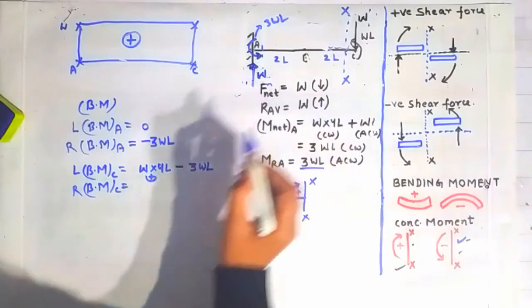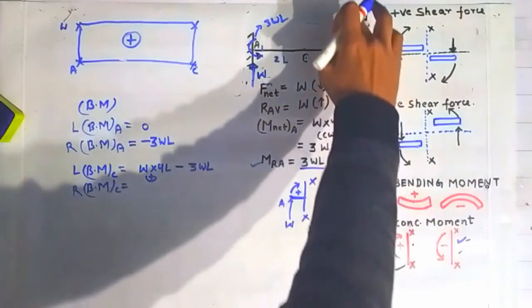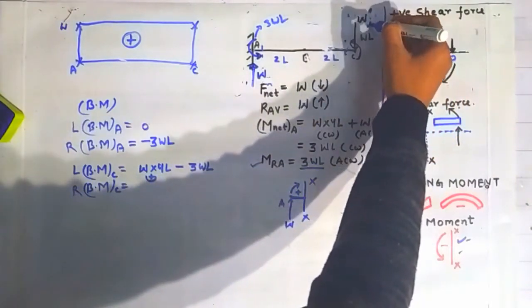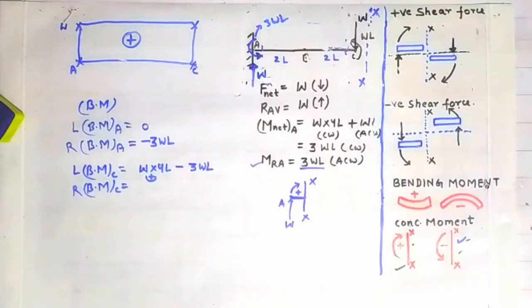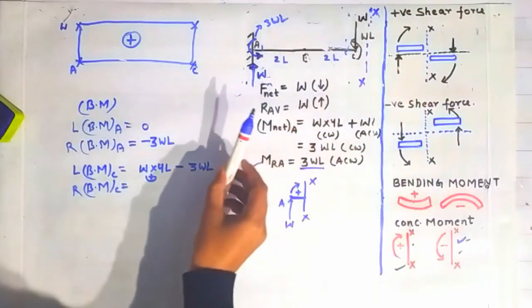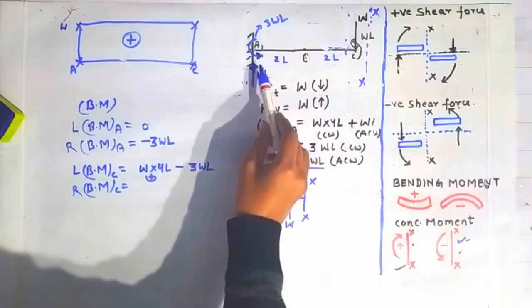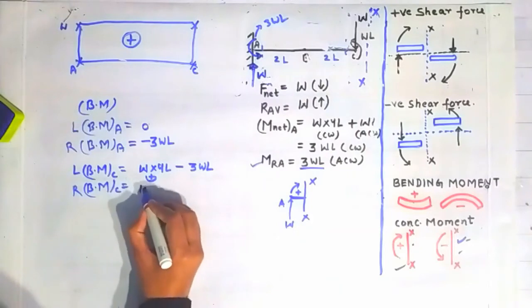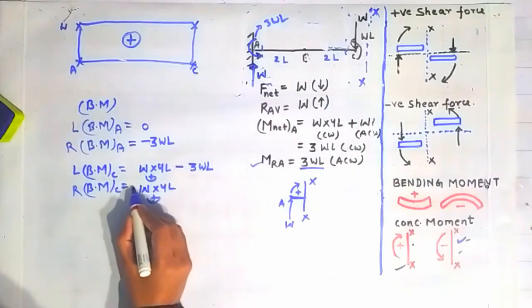Now on the right side of point C, if you want to calculate the bending moment, we have to draw a section on the right side of point C and again follow the same procedure. You can see friends, on the left side of this section XX, this force is contributing a bending moment of W into 4L, creating a sagging bending moment. That's why plus.